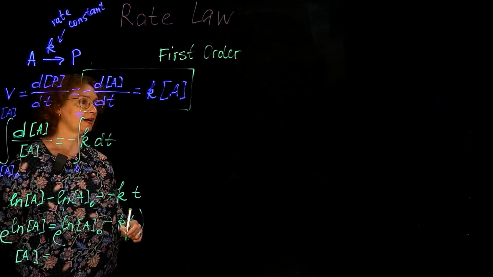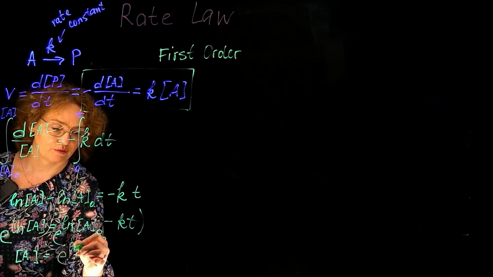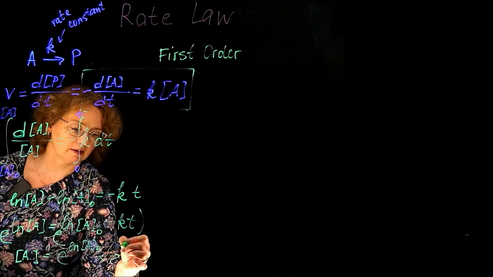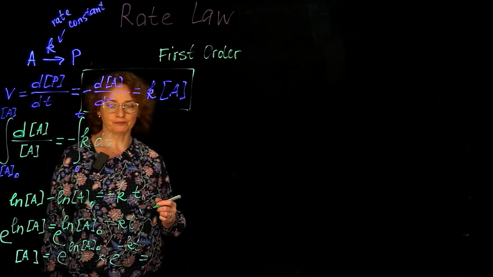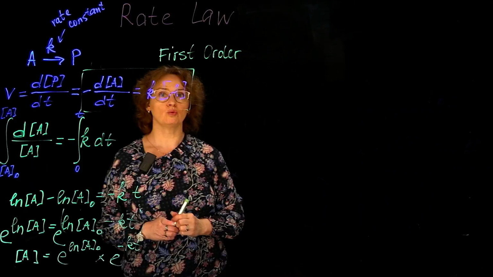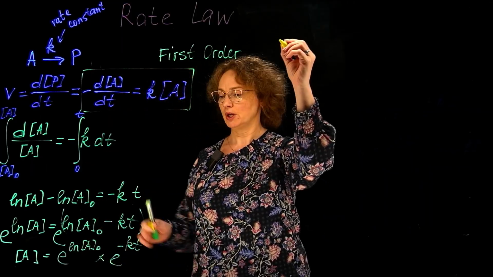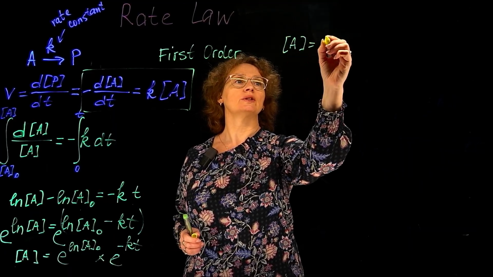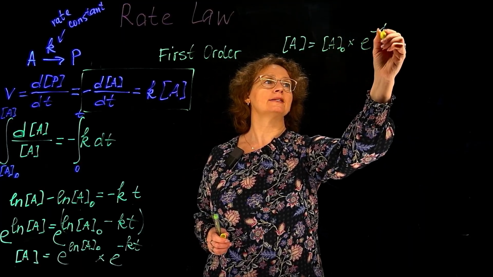And on that side, we have e to the power of the natural logarithm of the starting concentration times e to the power of minus kt. Let me write it down over there as the rate law. So we have concentration equal to the initial concentration times e to the power of minus kt.